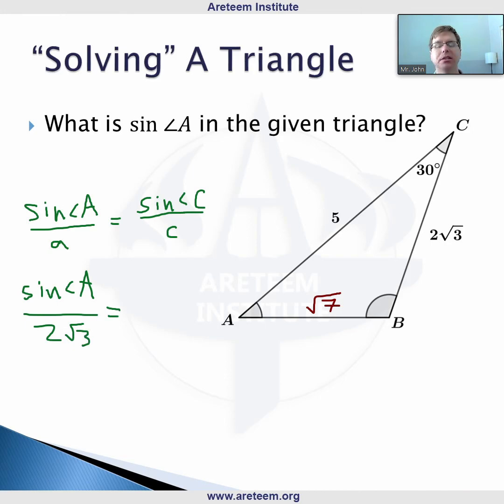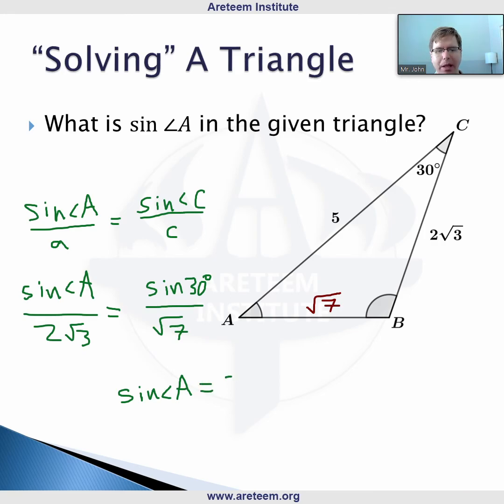And now we can start to see why we did this problem second. Now we have sine of angle C, which is sine of 30 degrees, and we divide by the side we just found, square root of 7. Let me move everything to one side.